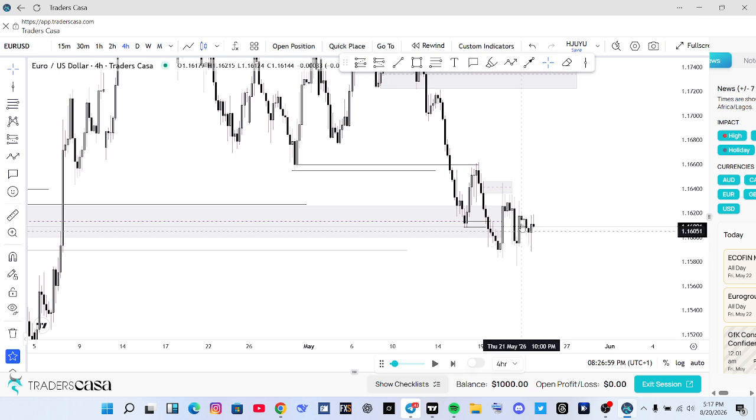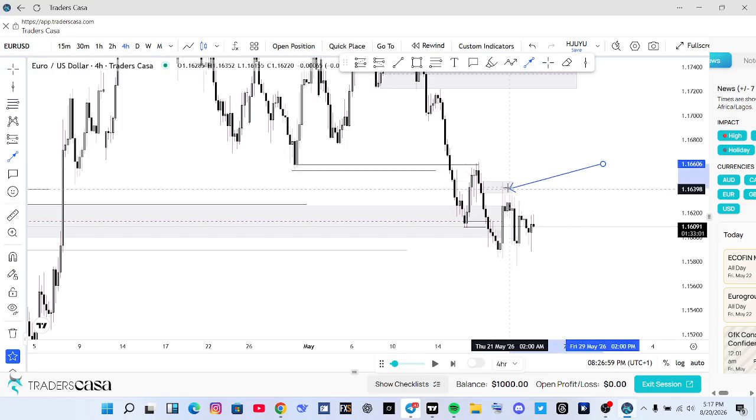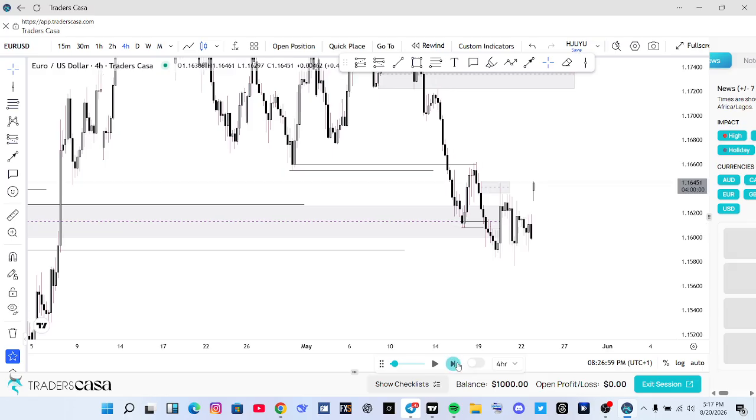For now, on 4 hours, this high didn't give us a break here. So if this high couldn't give us a proper break, then price might take off this zone. Even though you want to still look for more sales here, you enter with confirmations.